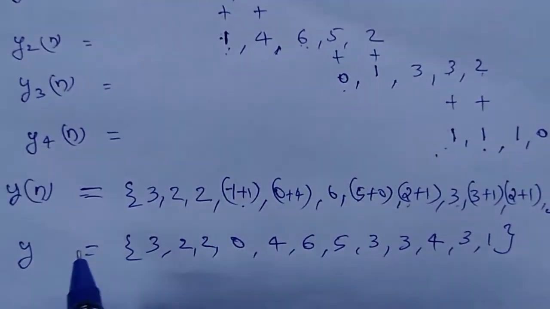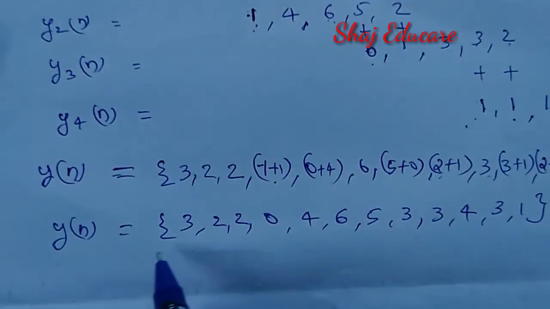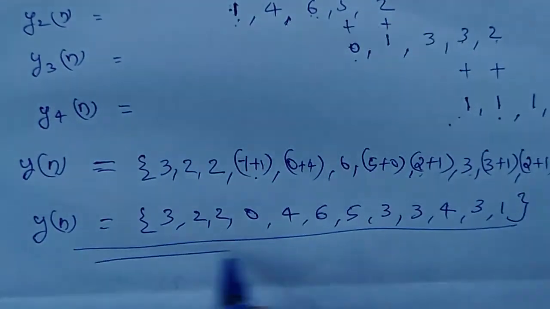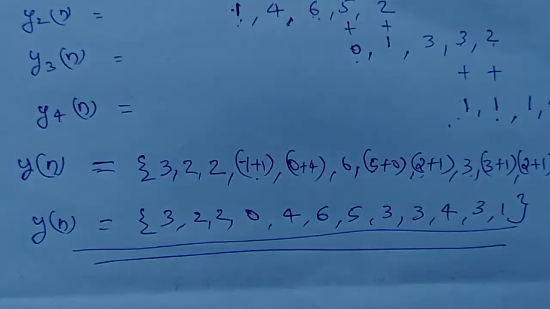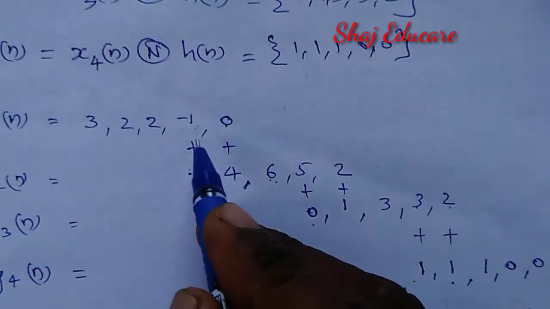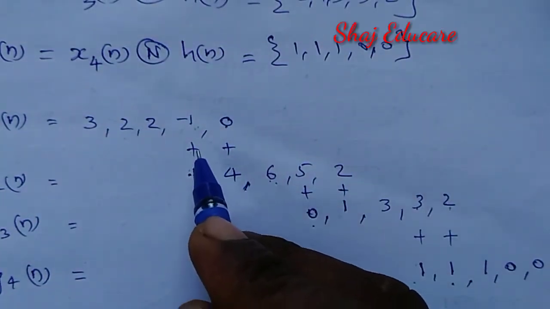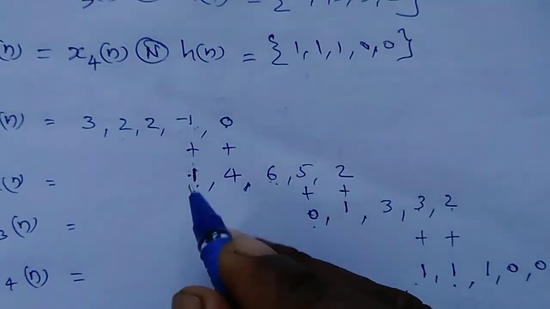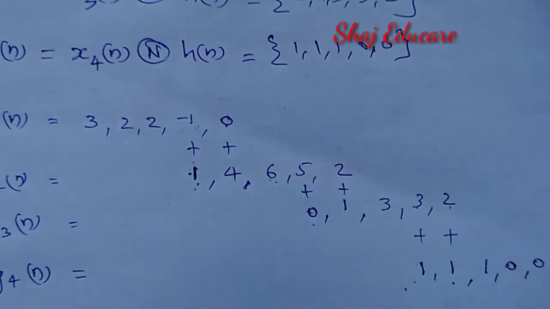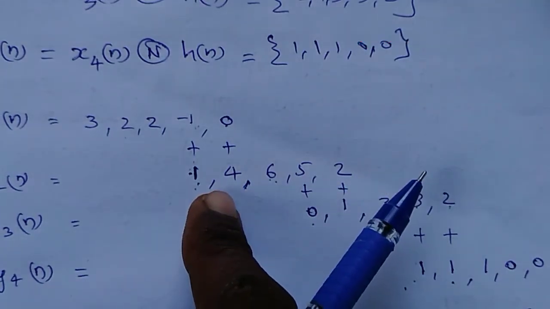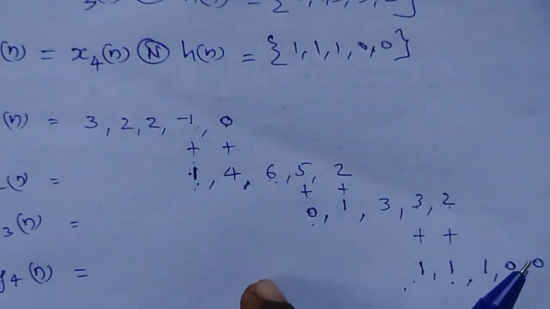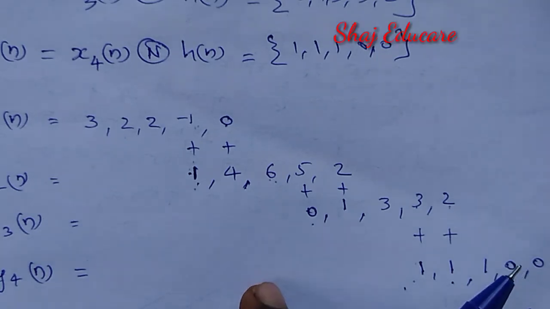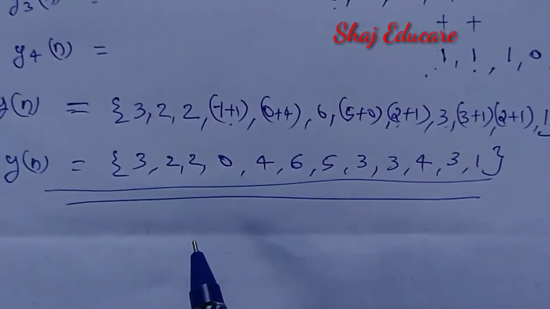That is the output or response of the system using the overlap add method. We are adding the last m minus 1 elements with the first m minus 1 elements of the preceding blocks. Hence the name overlap add method. Okay, bye, thank you.